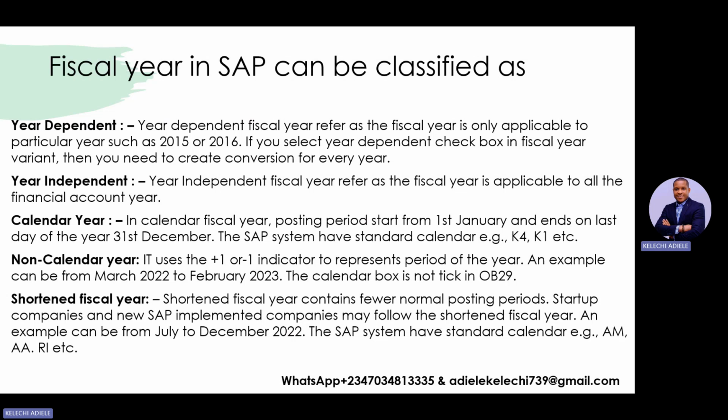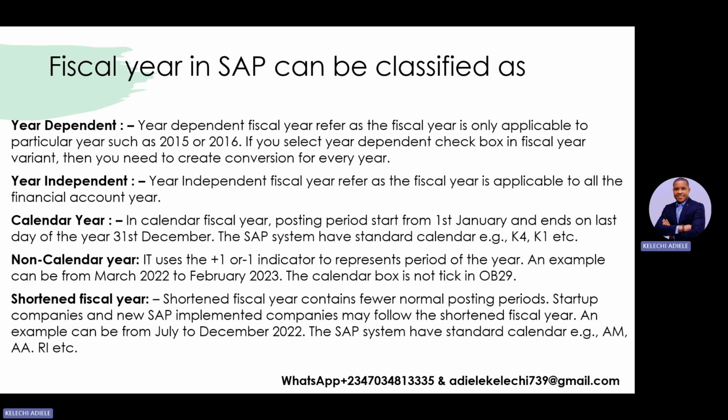Calendar year basically talks about when you start your period, probably from January to December, or March to April, depending on what your calendar is. But calendar year basically speaks to the January to December standard. Non-calendar year speaks from any month from January to December.